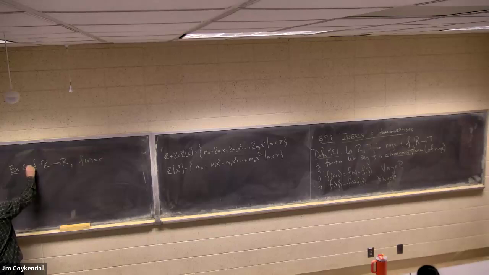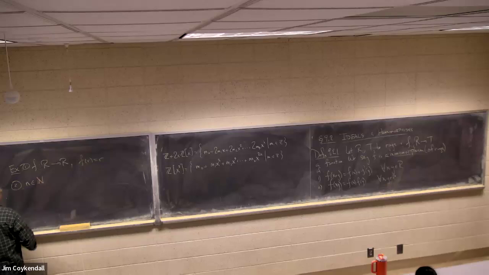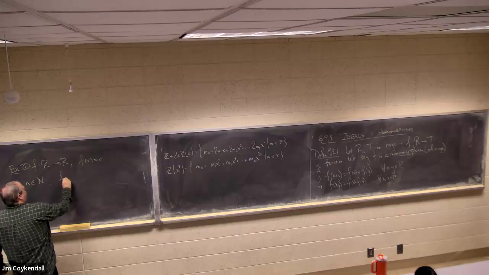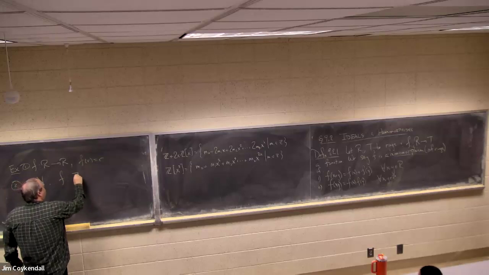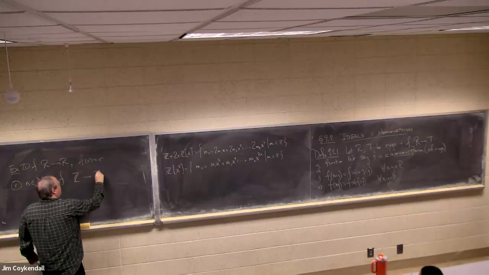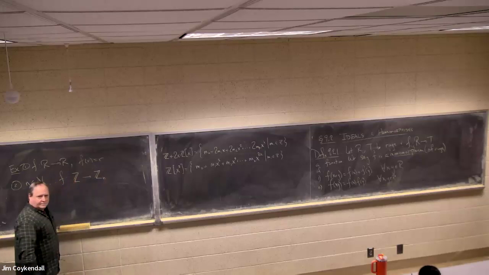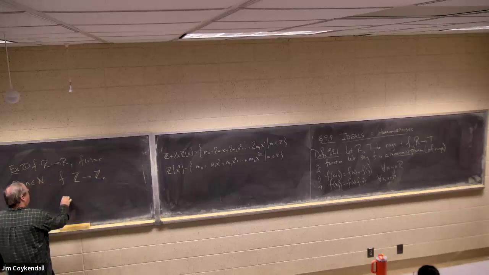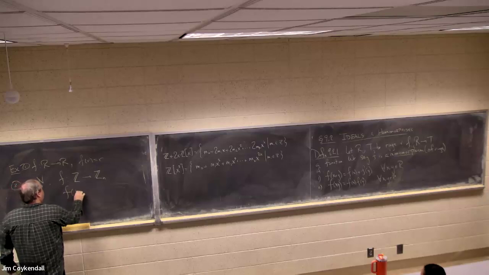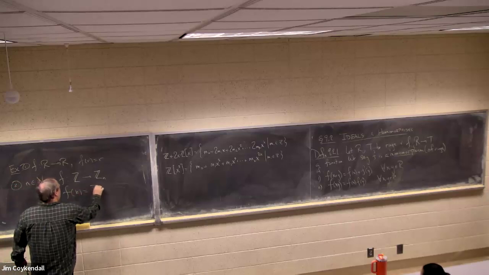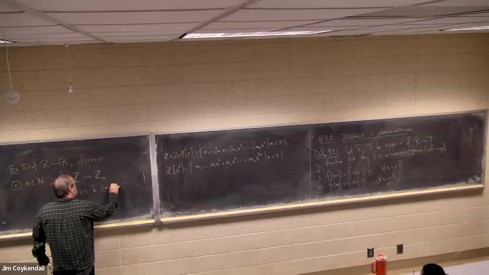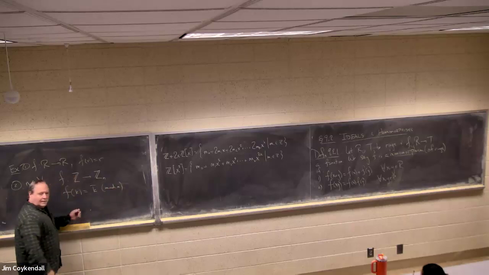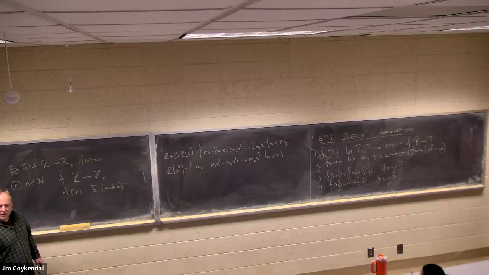Let n be a natural number. Consider F from Z to Z mod n, and our rule is going to be F of k equals k bar. Check this is a ring homomorphism.